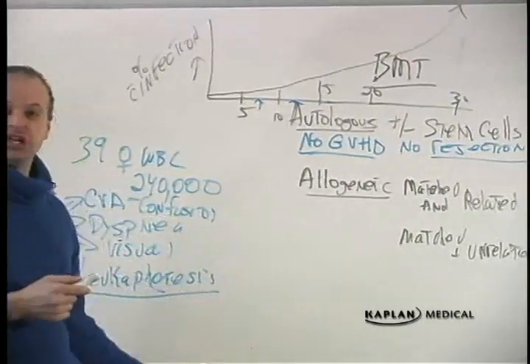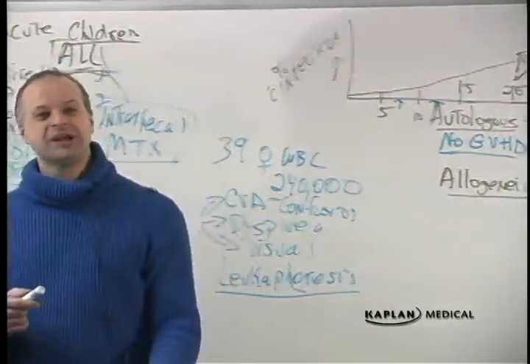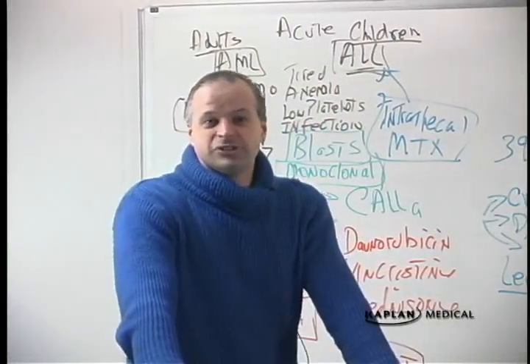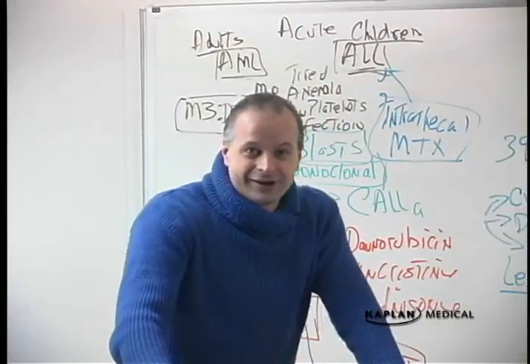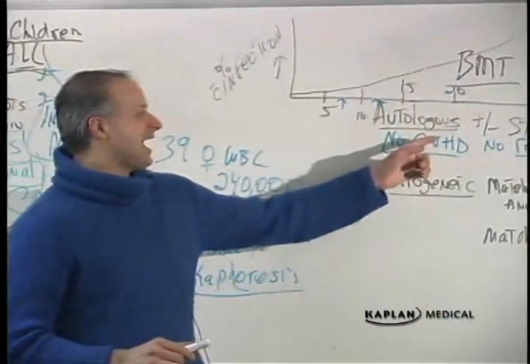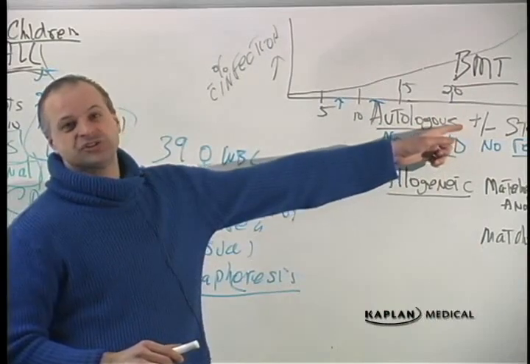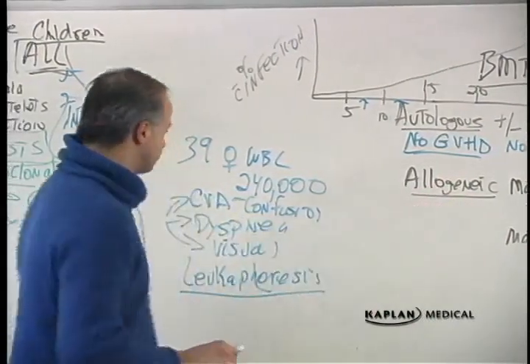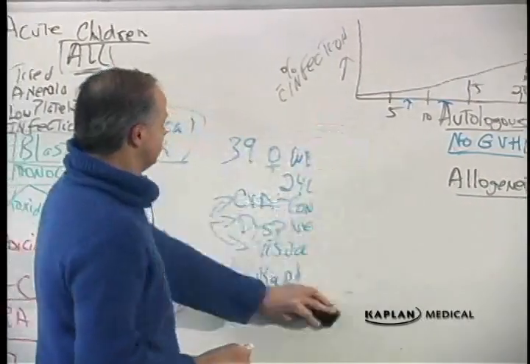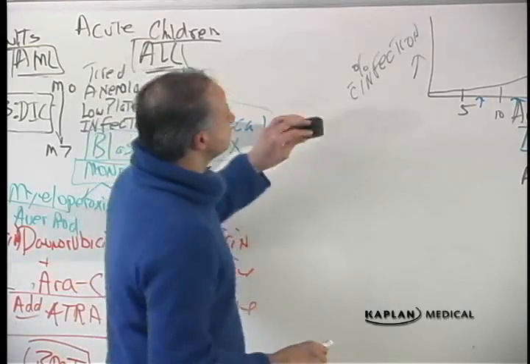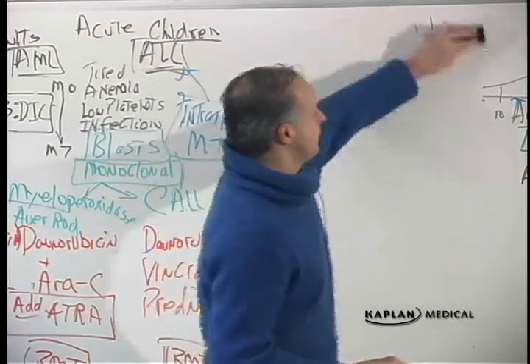Heart valves. The only time that we transplant from outside our species is the pig valve. You put some pork, some bacon in the heart, and it is a person who gets a pig valve. Other than that, you either transplant cleaned up versions of yourself or someone who's matched and related preferably. Sounds like a dating service here. It is. Now, that's acute leukemias. That's based on who should be transplanted and why.